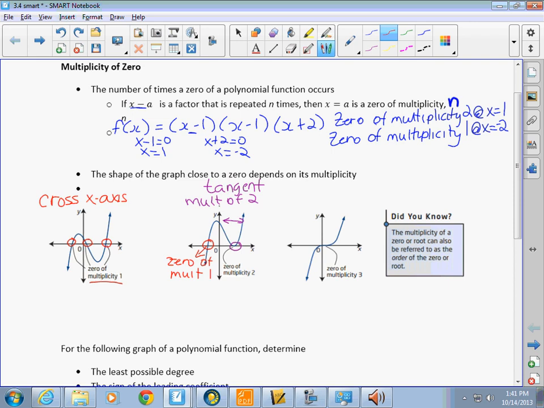In the last example here, it is crossing at this point, and it's also tangent at this point. So if it is crossing and tangent, that means that it has a multiplicity of 3.